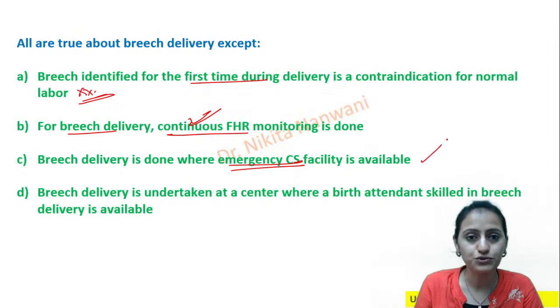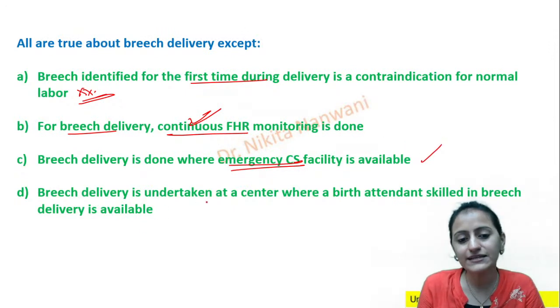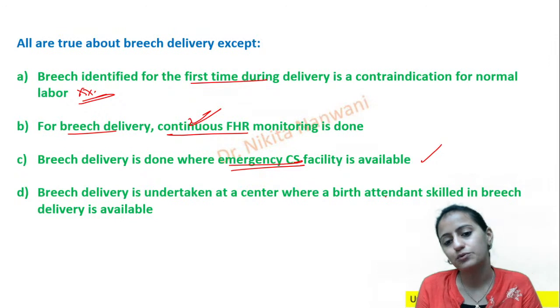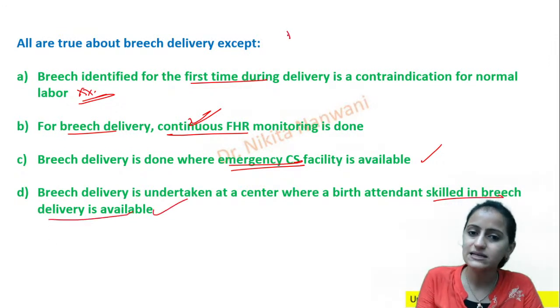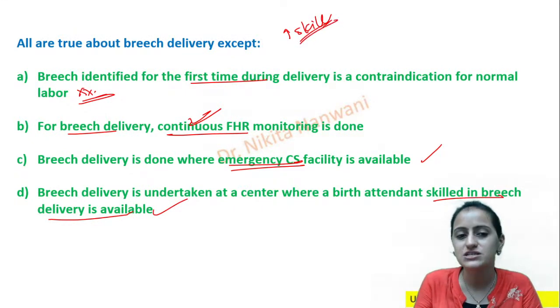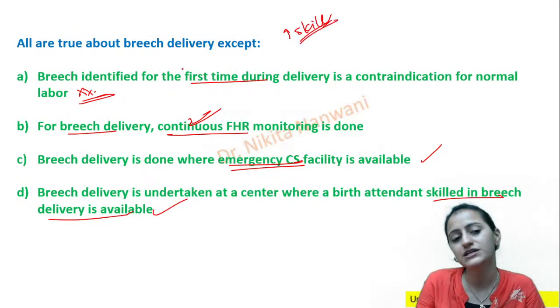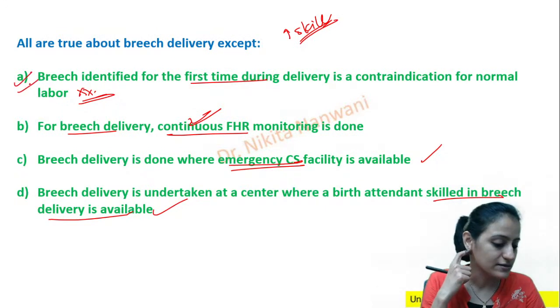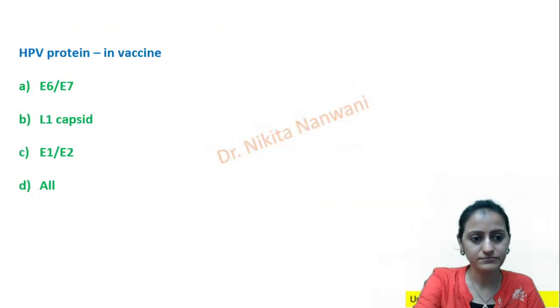Then only we should do breech delivery. And it should be undertaken at a center where a birth attendant skilled in breech delivery is available. Basically, the question is telling you that you need increased skill for breech delivery. So the answer is A, right?